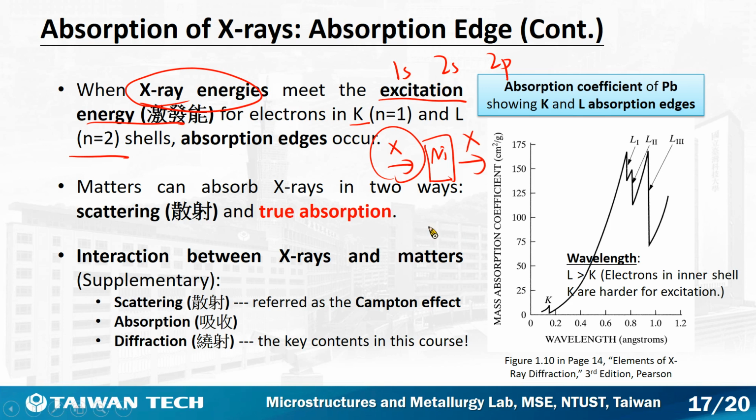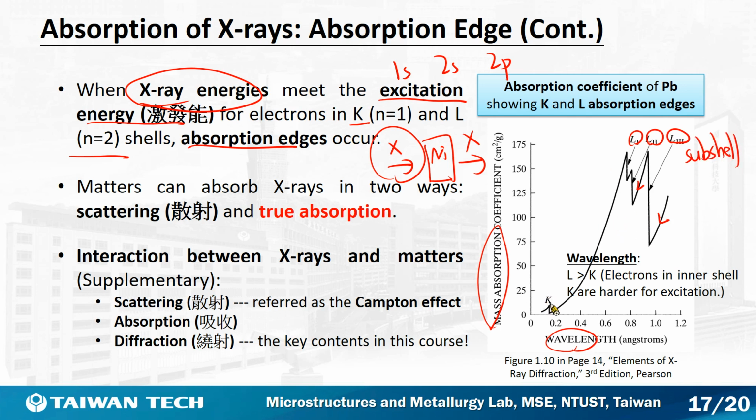The electron goes away; this is the photoelectric effect. As you can see here, because this is the mass absorption coefficient, we follow the equations. If we decrease the wavelength, this mass absorption coefficient will decrease. But once we meet the excitation energy, it will show this absorption edge. So this is for L, and we have three different types. This is about the subshell.